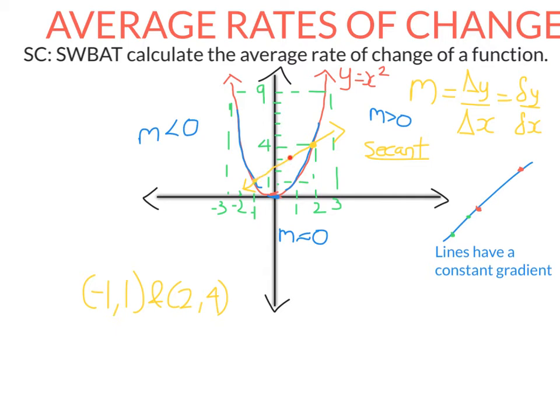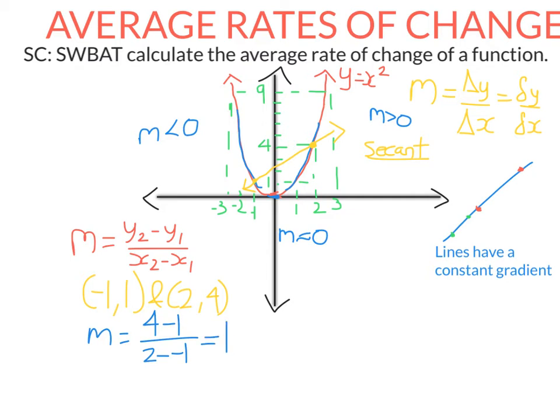Calculating the gradient of this line is very simple. Remember, I just use the 2-point formula, y2 minus y1 over x2 minus x1. So it's the change in y values over the change in x values. So the gradient here is y2 minus y1 over x2 minus x1.